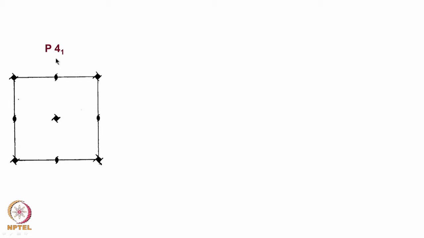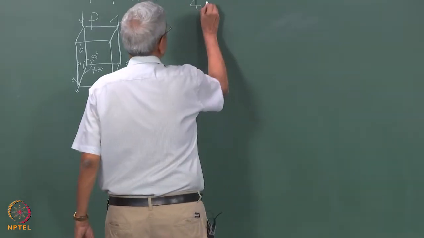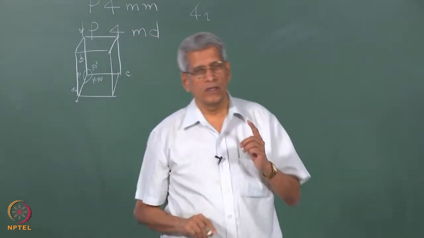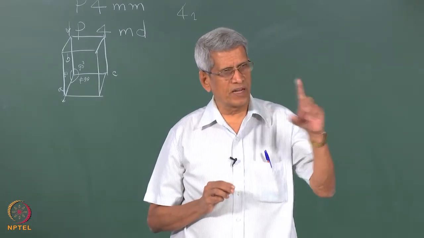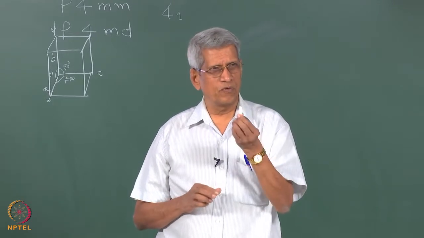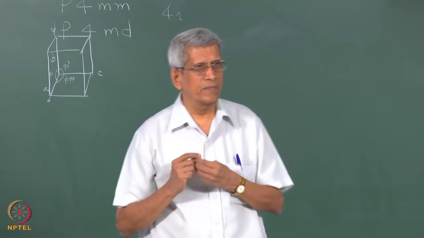Suppose along the 4-fold, let us assume that there is a screw axis, 4-1. A 4-1 screw axis means the translation vector is 1/4 of the lattice translation vector, and you displace by 1/4 and give a rotation of 90 degree, correct?